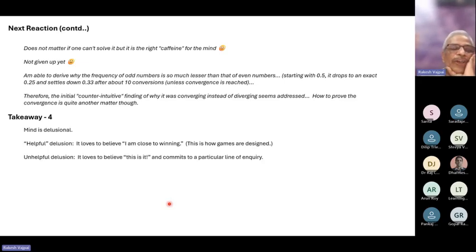And again, there is a bit of learning here, that a mind has its own delusions. When I'm saying it's the right caffeine, I'm still sticking to that same path which I had started with, that I'm looking at frequency of occurrence, seeing how many odd occurrences are happening, how many even occurrences are happening.